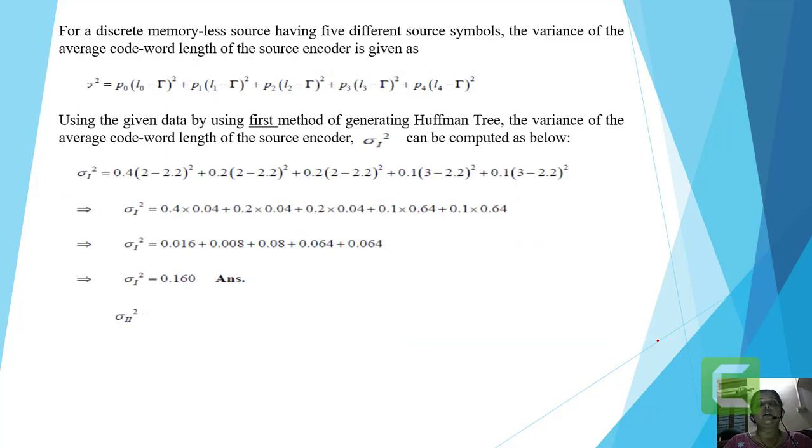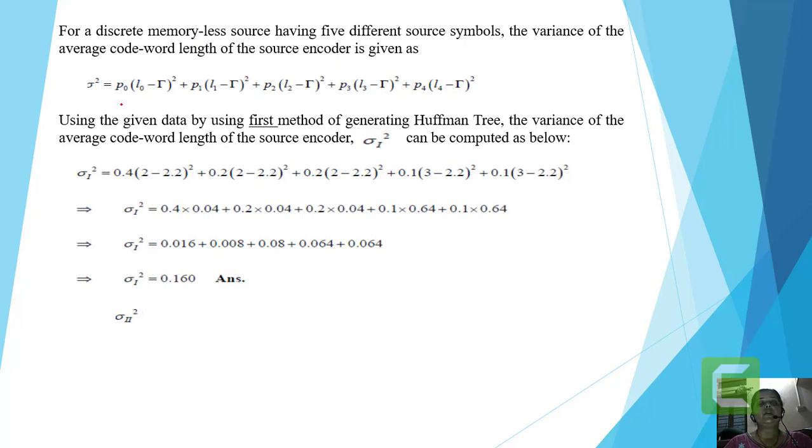Then the question arises in mind which method is suitable or which method is more efficient, and the answer lies in this particular slide. For every discrete memoryless source, we have to find the variance associated with the average code word length of the source encoder.